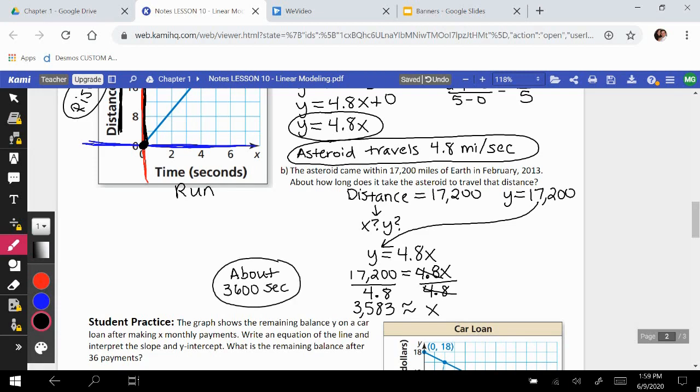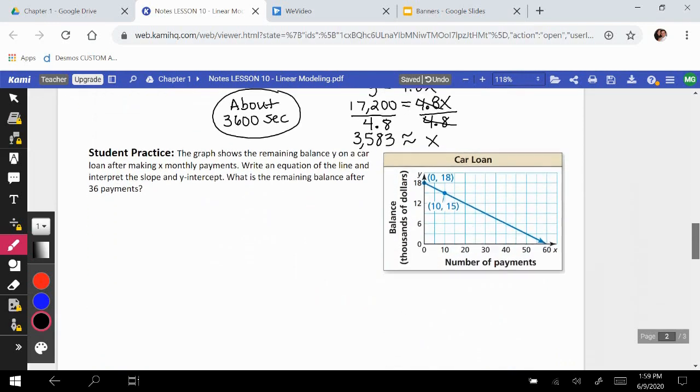And really there's about 3,600 seconds in an hour, so we could say that it takes about 1 hour for the asteroid to travel those 17,200 miles. It's moving pretty fast.